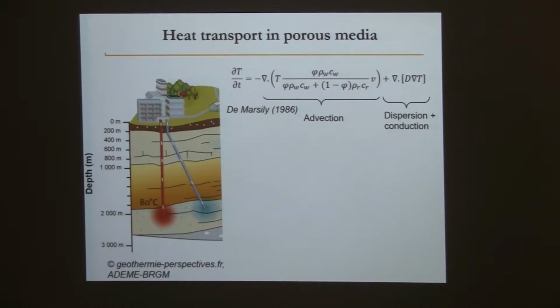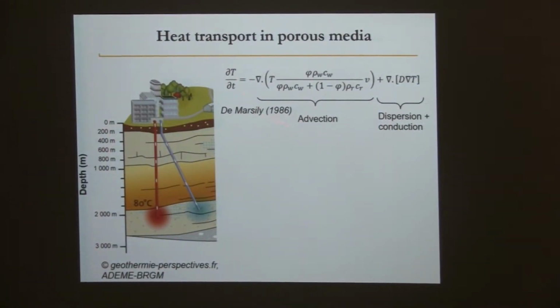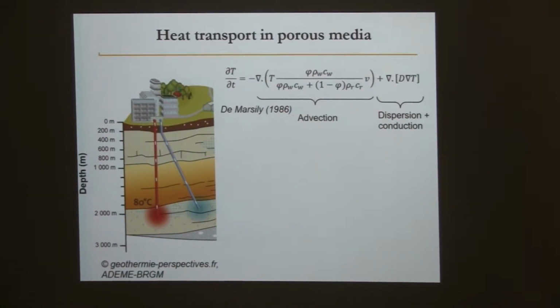So I come back just to heat transport in porous media, just to remind that we have an advective term. One of the questions we may ask first is, when do we have this advective term that may dominate conduction, typically in the upper crust, and on which condition?